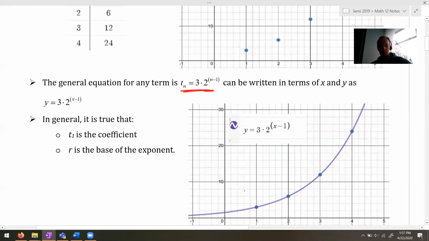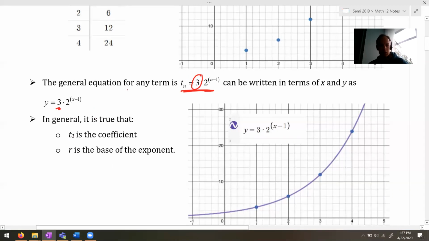Here's my equation. And when I plot this on Desmos, it's not restricted to integers anymore, so it makes a nice curve going all the way through. That's my equation. One thing I'd like to point out, in case you're wondering if it's coincidence or if it's always true: it is always true that when we're talking about geometric sequences, the first term, t1, is always going to be the coefficient out in front.